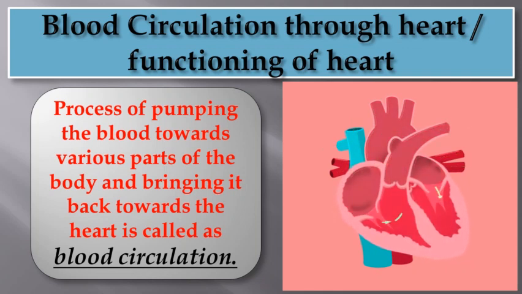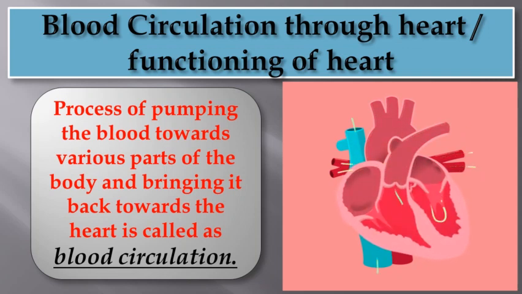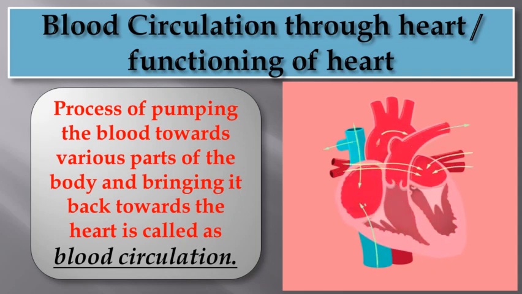That means the cardiac muscles of the heart alternately contract and relax to maintain the continuity of circulation. A consecutive single contraction and relaxation of the heart constitutes a single heartbeat.